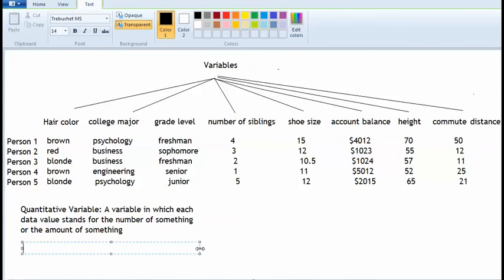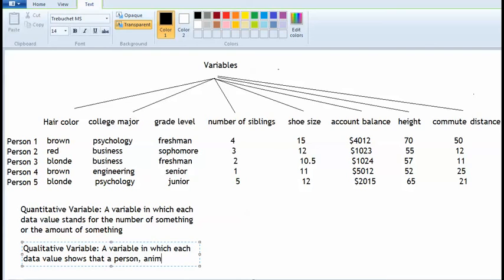A qualitative variable is a variable in which each data value shows that a person, animal, thing, or place is a member of a certain category.